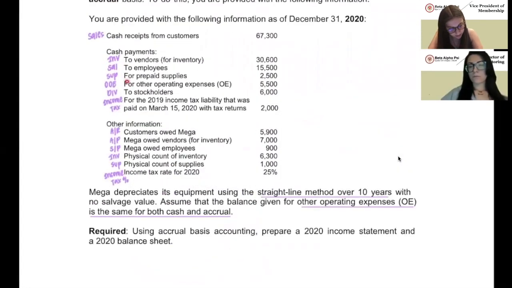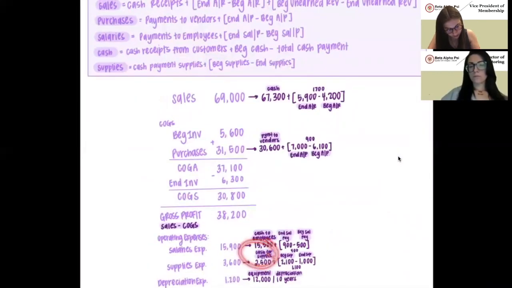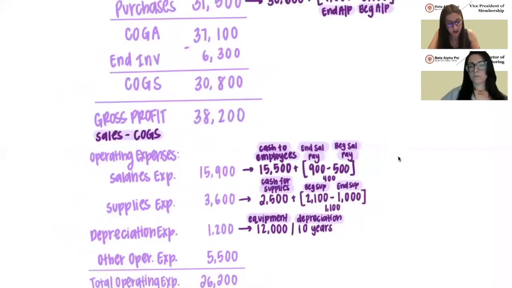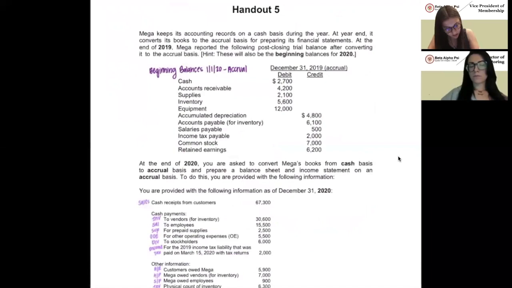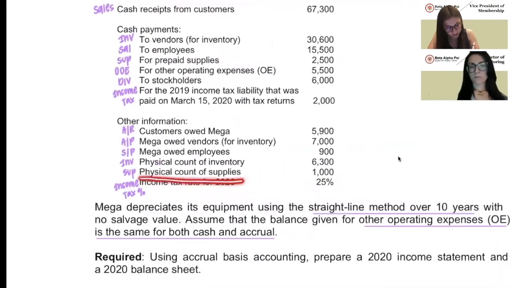We have right here for prepaid supplies, 2,500. So we're going to put that number right here. And then we need to find our beginning supplies and our ending supplies. Our beginning supplies is given to us right here. And our ending supplies is going to be our physical count of supplies at the end of the year, which is $1,000.